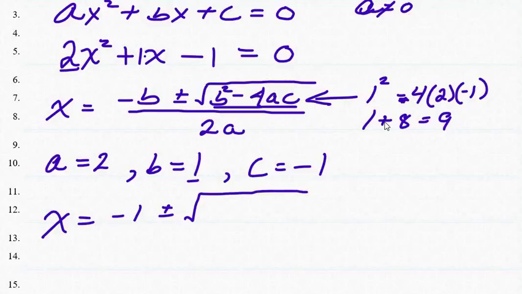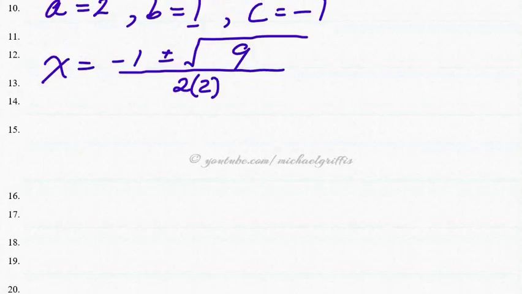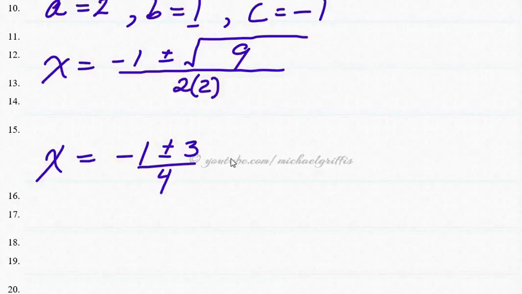We've already calculated the inside of the square root, which happens to be 9, so let's just put that right there, and then 2 times a, which is 2. So x is equal to negative 1 plus or minus the square root of 9, which is 3, all over 4.